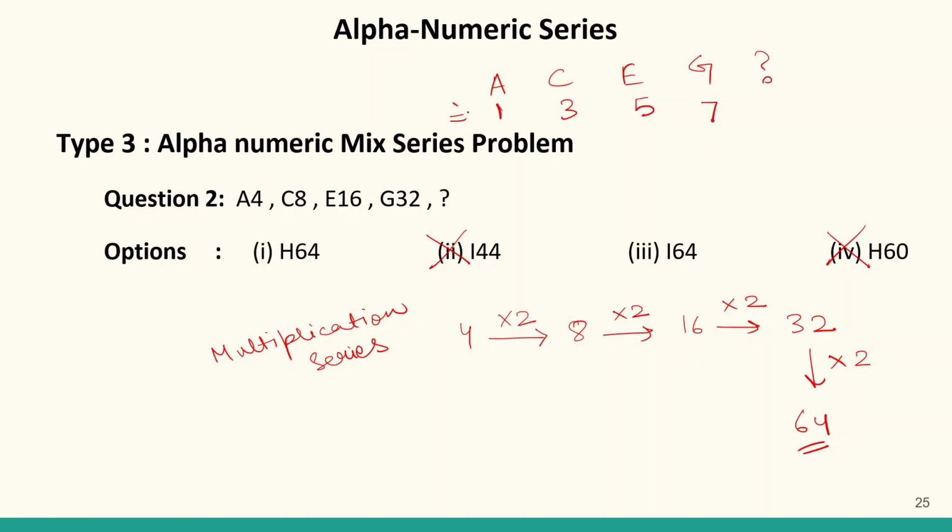So very clearly this is a series of addition of odd numbers, right? 1, 3, 5, 7, and then 9th. So the alphabet which has 9th rank is which one? It is I. So your answer will be I-64. Option number 3. That will be your answer.